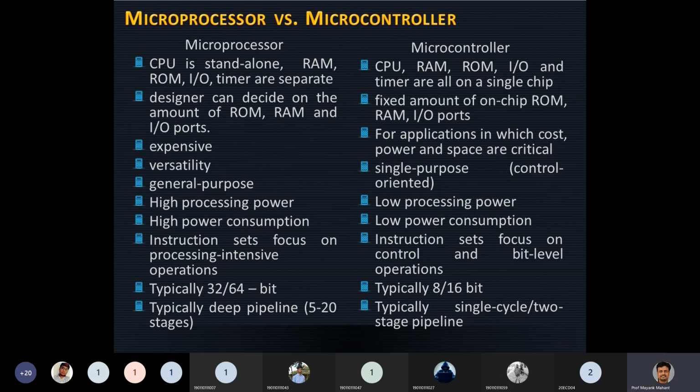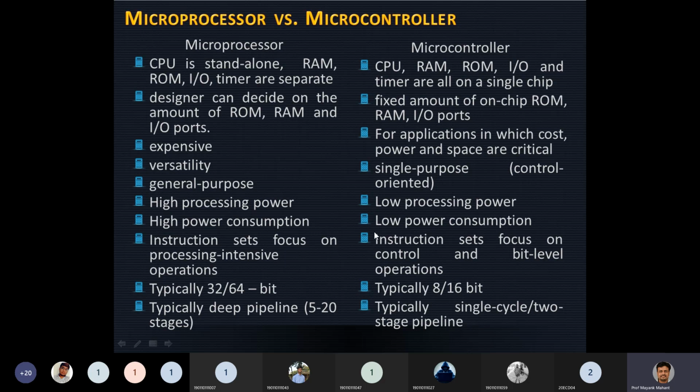Microprocessors typically have deep pipelines, which are 5 to 20 stages. But in case of a microcontroller, they are typically single cycle or two stage pipelines. We can see the same thing from a different angle: an instruction executed by a microprocessor may require 10 T states, or 10 machine cycles, or 4 machine cycles.